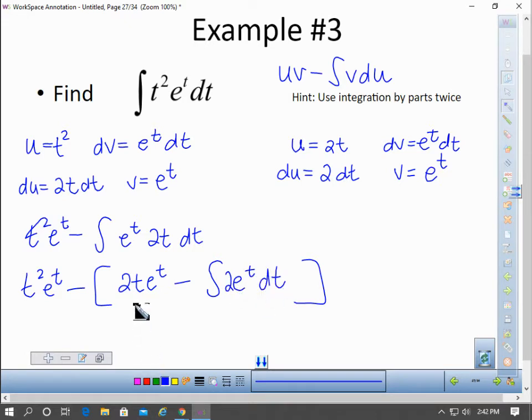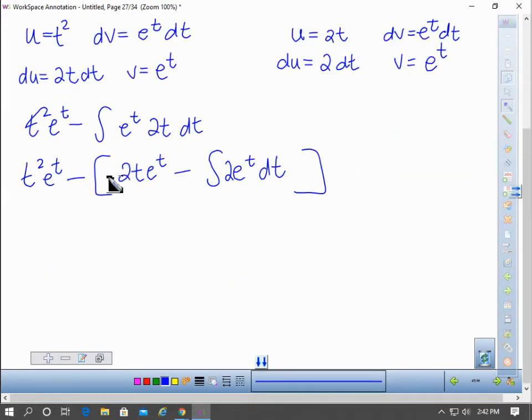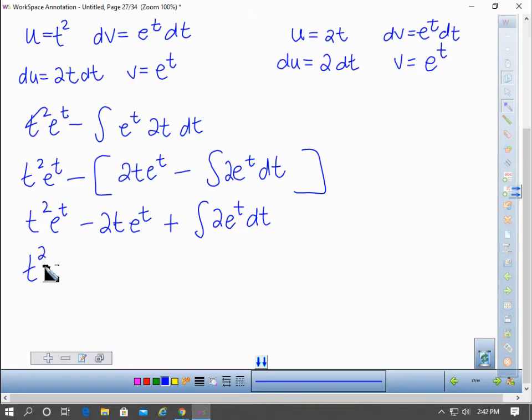All right, so now we're ready to roll. I can go ahead and distribute the negative. So this is t squared e to the t minus 2t e to the t, and then it's going to be plus the integral of 2e to the t dt. So now I actually have to do the integral. What's the antiderivative of 2e to the t?